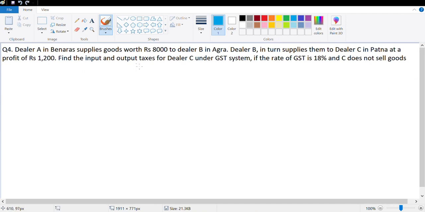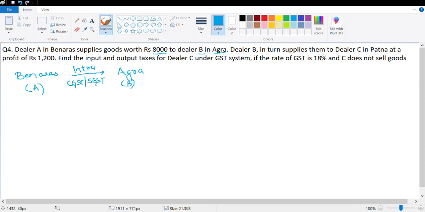It says a dealer in Banaras, which is in UP, supplies goods worth 8,000 to dealer B in Agra. So what we first have is Banaras, which is now called Varanasi. It's sold to Agra. This is dealer B. This is dealer A. This is intra, which means we will have a component of CGST and SGST.